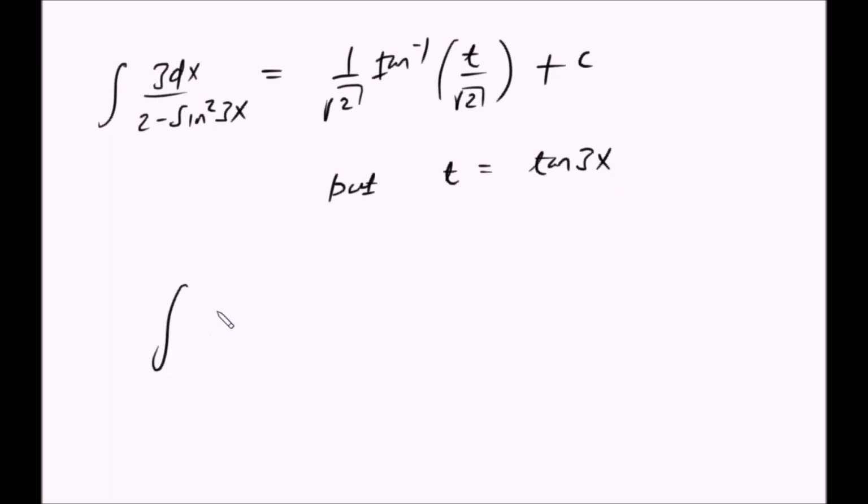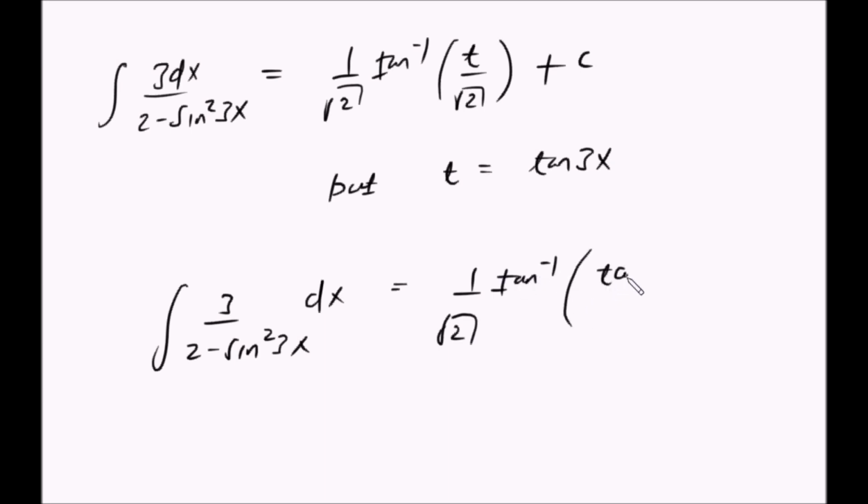So our final answer for our question will be 1 over the square root of 2 tan inverse of tan of 3x over the square root of 2 plus c. I mean, in place of t we have put tan of 3x. So this is the answer.